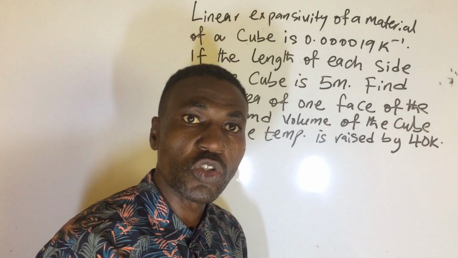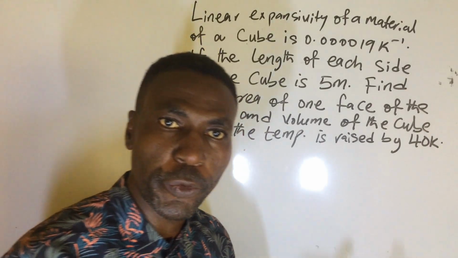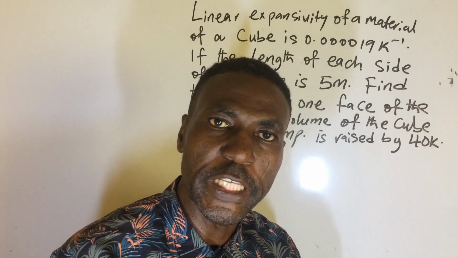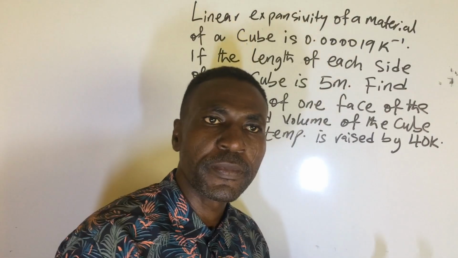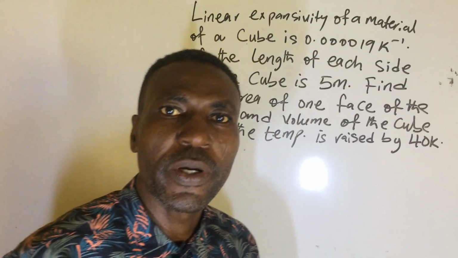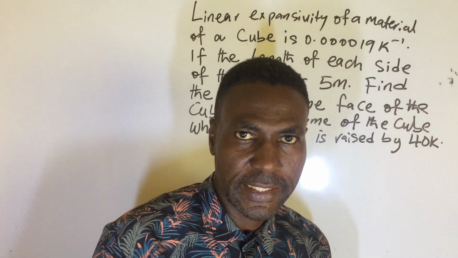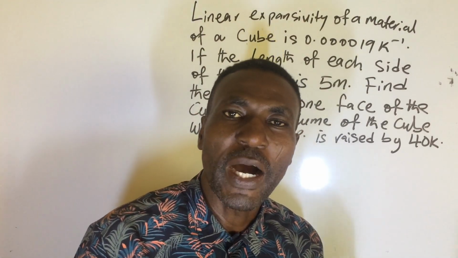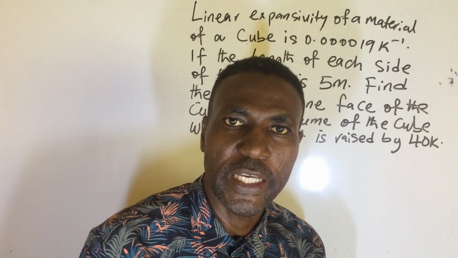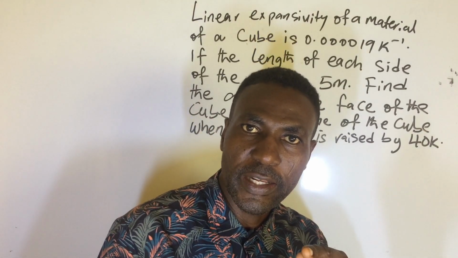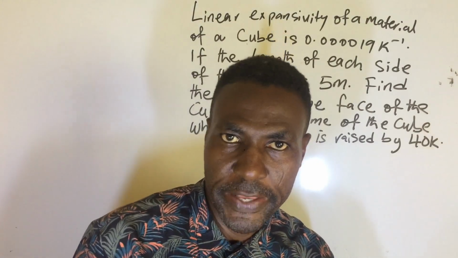So this question comprises two things we will solve: the new area of the cube and the new volume of the cube. A cube has equal lengths, so they just gave us one length of one face.